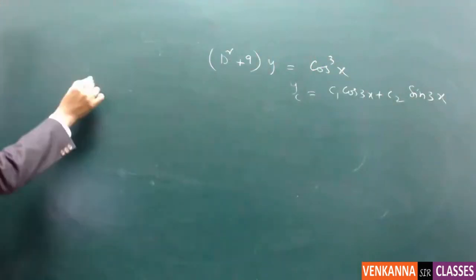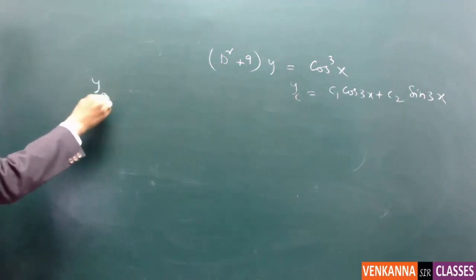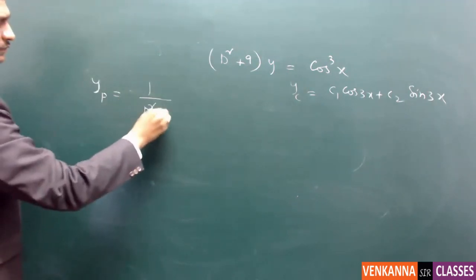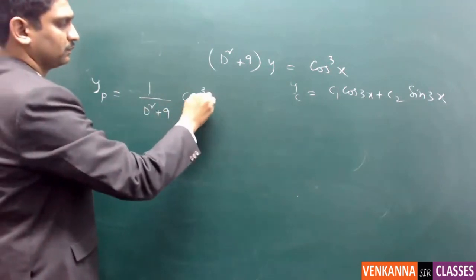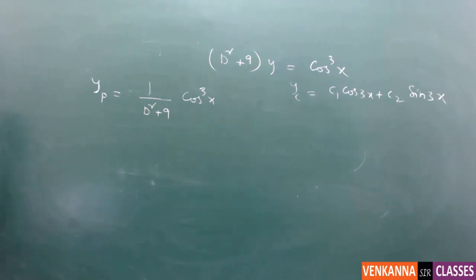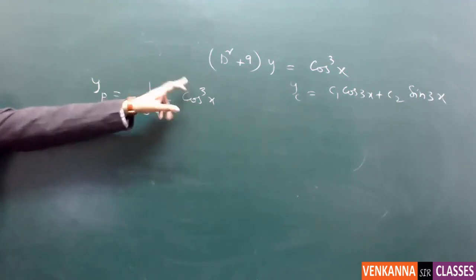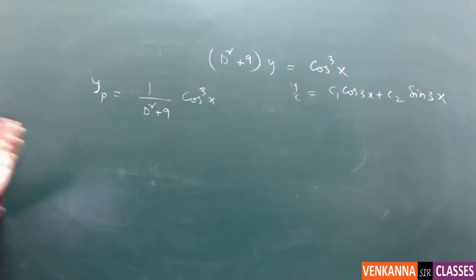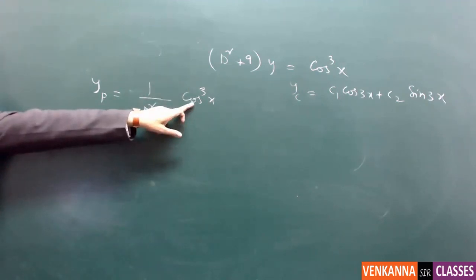Now to determine yp, the method which is described earlier is for cos x and sin x only, not for cos square, cos cube, etc., sin square, sin cube, etc. So when the power is only 1, we are going to make use of the previous methodology. Whenever the power is more, you have to convert it into linear power. How?